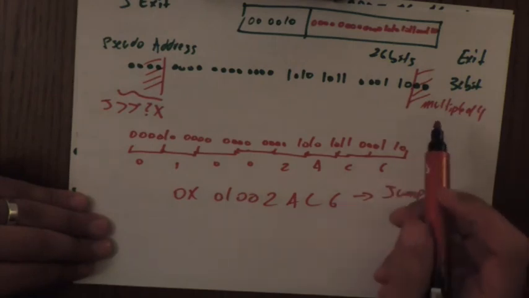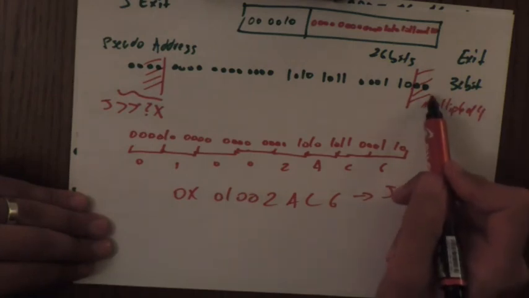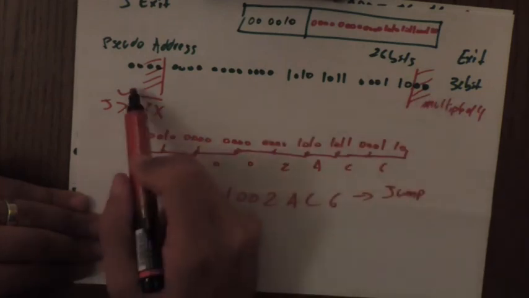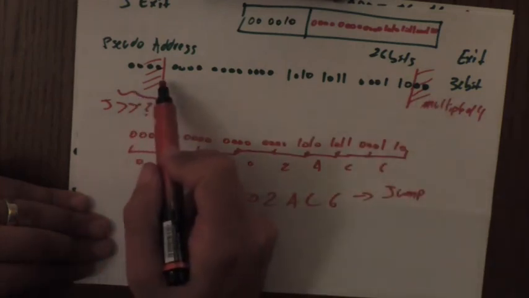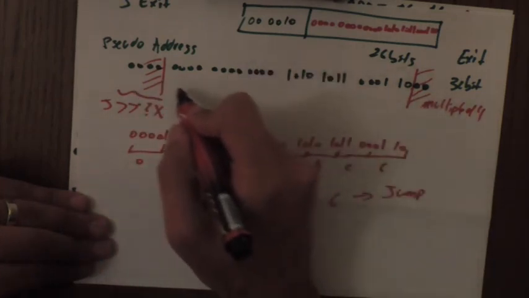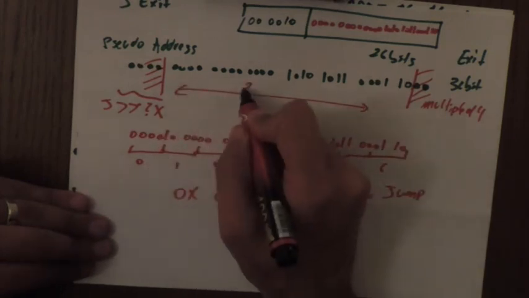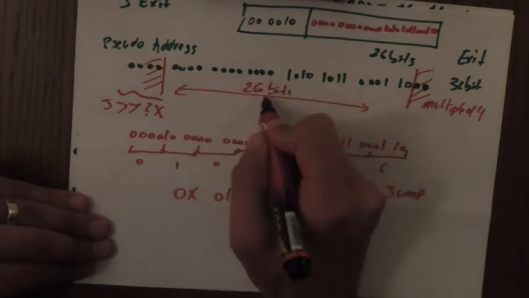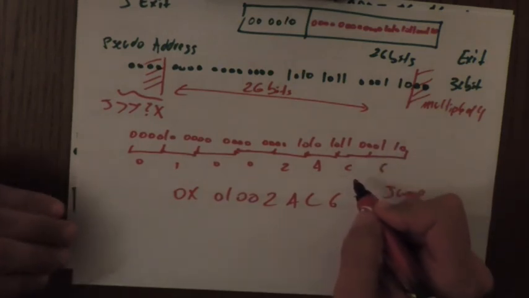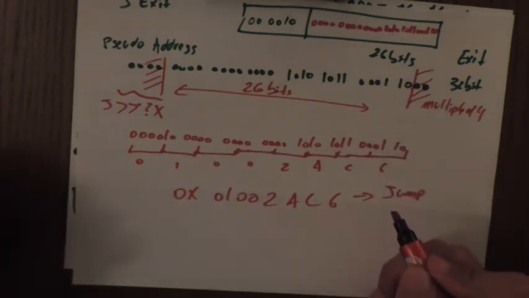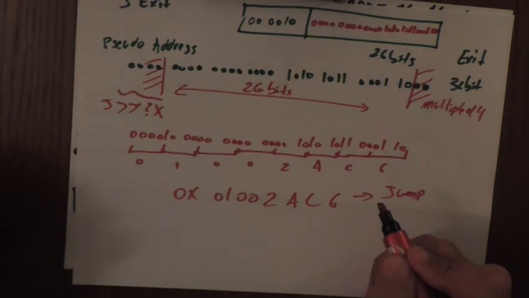So we always take out the 2 least significant bits and the 4 most significant bits. This is 26 bits. 26 plus 6 equals 32. So we have the 32-bit address. And this concludes this lecture.